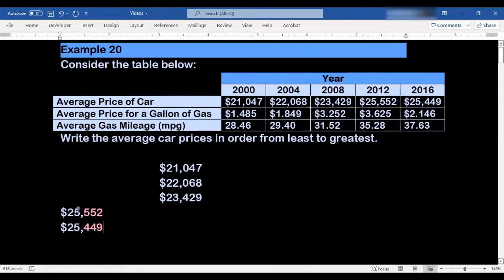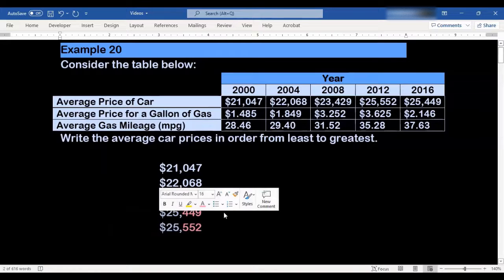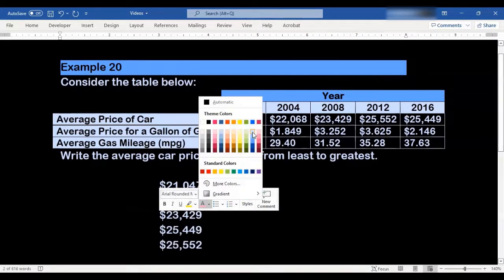So these two numbers are in the opposite order from what I want. 25,552 is actually the bigger of the two numbers. So I'm going to list the 25,449, and then put the 25,552 afterwards.